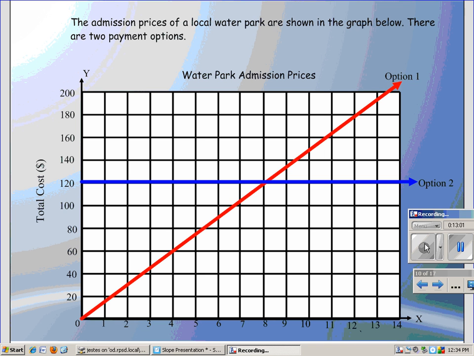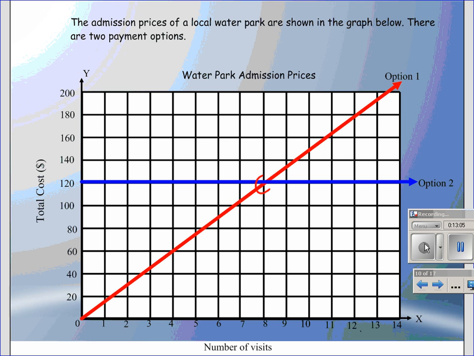Okay, this time, we're going to look where the two options intersect. So now we find this point. And remember, we're looking for the number of visits it will take when they're both equal in price. So I'm going to be looking for the x-axis. I'm going to follow it down.